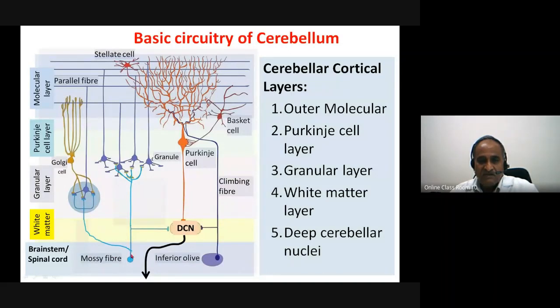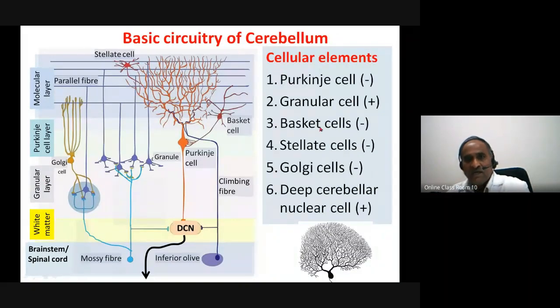Here we have three layers: outer molecular layer, Purkinje cell layer, granular layer, then the white matter layer, and the deep cerebellar nuclei. That is what we have marked here. Then we move on. What are the cellular elements of these circuits? In this circuit, we have 6 neuronal cells.